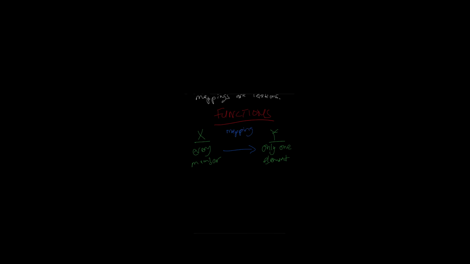And then the rule that the mapping is using is called a function, written as f of x equals. We'll be seeing this very much in further explanations.